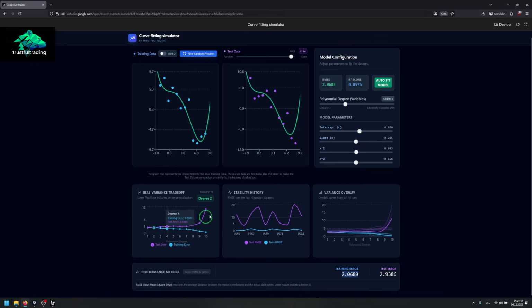And now I notice, okay, if I add another filter, so let's say, yeah, I add a moving average filter. So I only trade if the price is above the moving average. So I add another parameter here. I get an even better backtest.